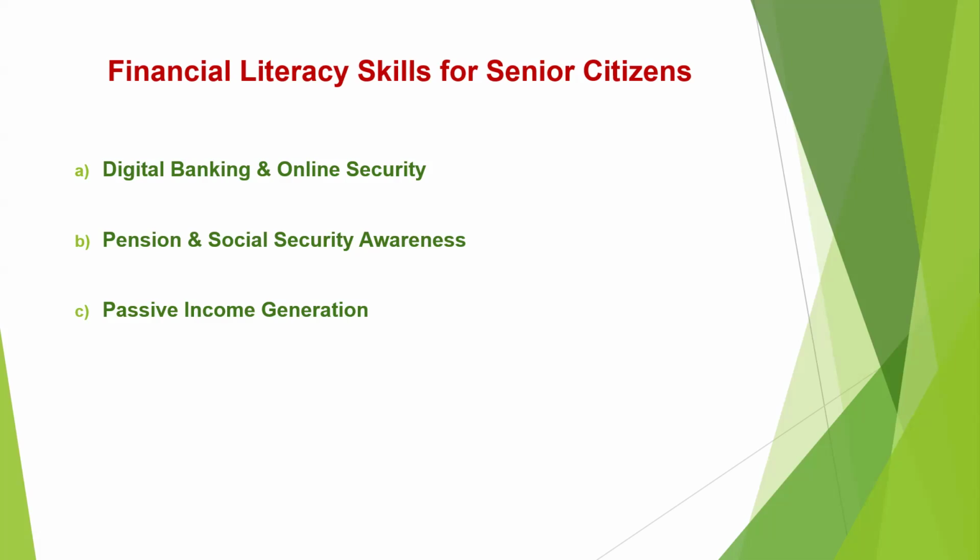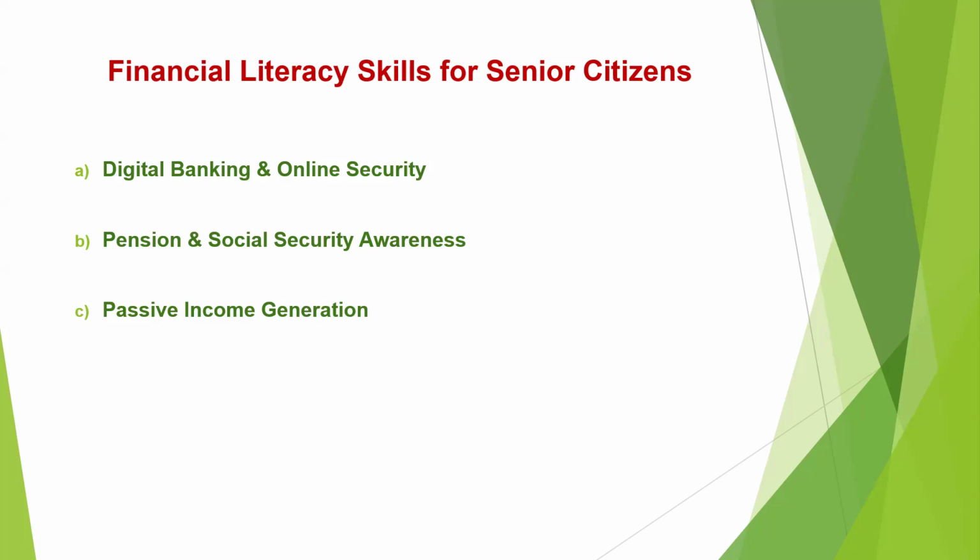Then pension and social security awareness. At what point they can make use of pensions, especially EPF and ETF. They can't use it the way they need, but at retirement, of course, they can get this money back. And pensions, of course, they get each and every month, so that will not be an issue.